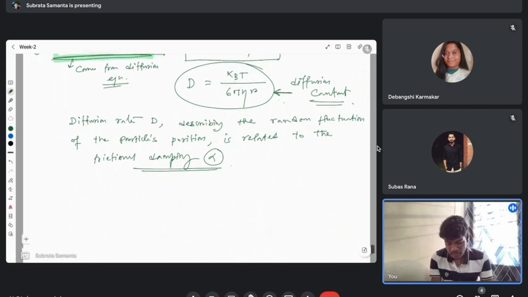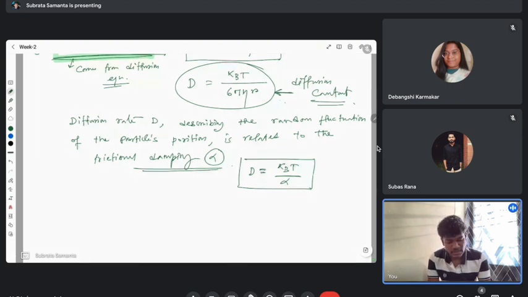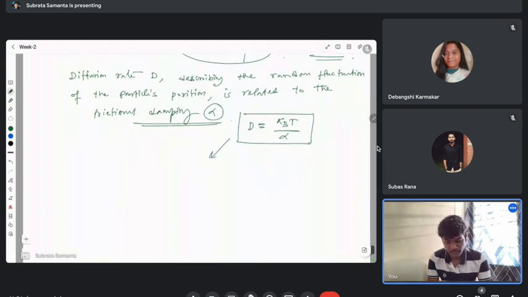So this is an example of fluctuation and dissipation being related. This D is kBT by alpha. The diffusion is the fluctuation, alpha is the dissipation, so they are related. So this is an example of the fluctuation dissipation theorem.